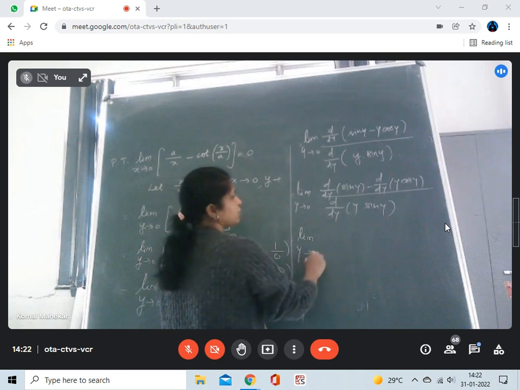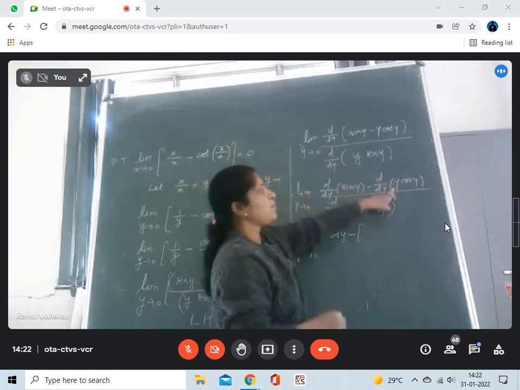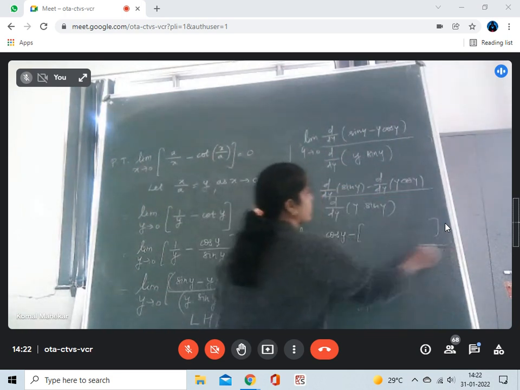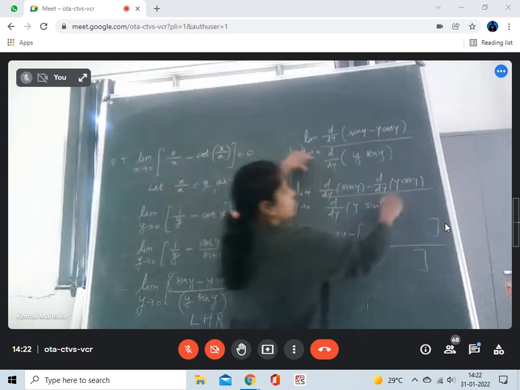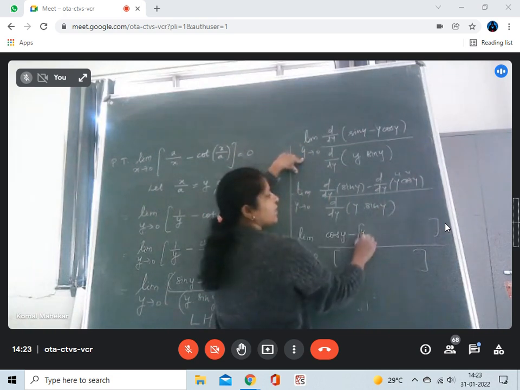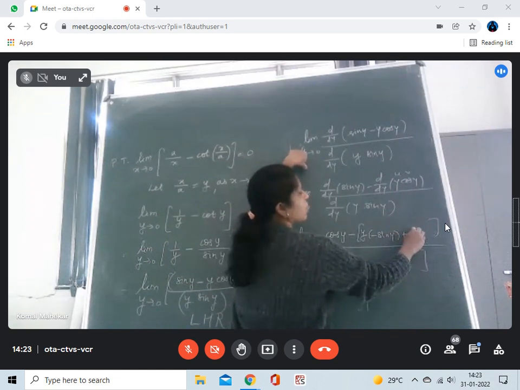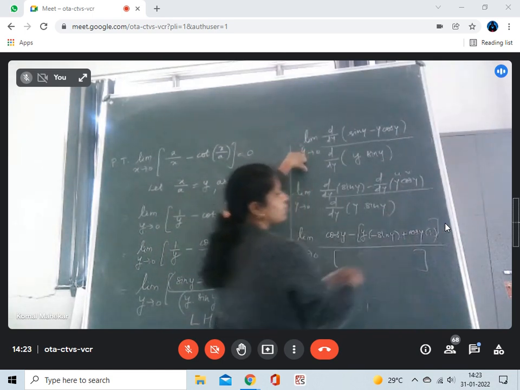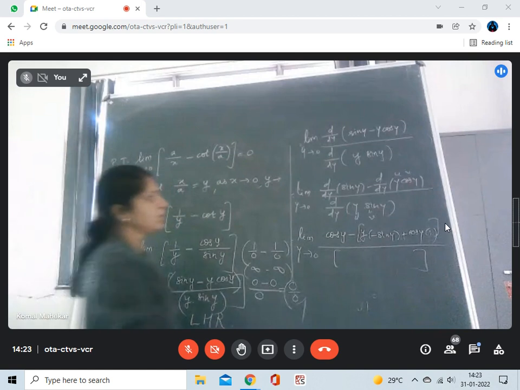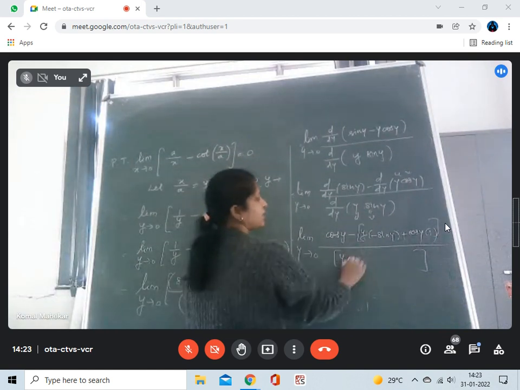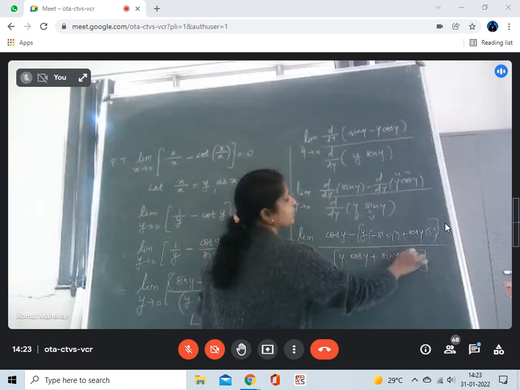So limit y tends to 0, the derivative of sin y is cos y minus, applying the product rule, u into v dash, that is y into the derivative of cos y, which is minus sin y, plus v, that is cos y, into the derivative of y with respect to y, which is 1, divided by, assuming u as y and v as sin y, using the product rule, u into v dash, y into the derivative of sin y, that is cos y, plus v, that is sin y, into the derivative of y with respect to y.